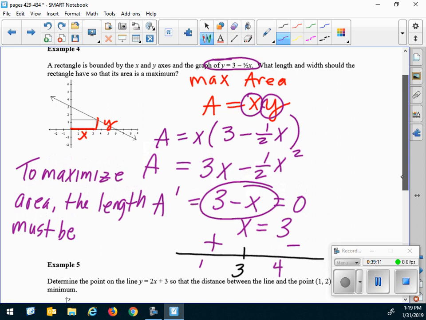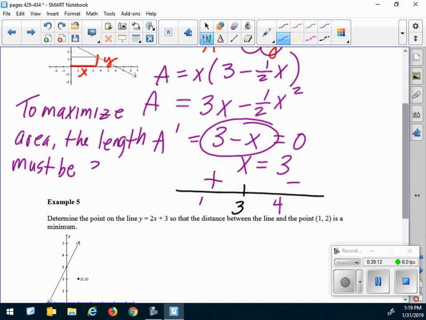Doesn't have any units on it, does it? No. Yep.